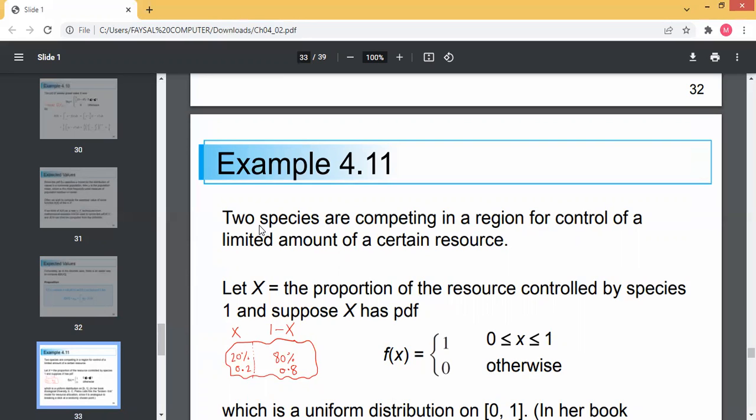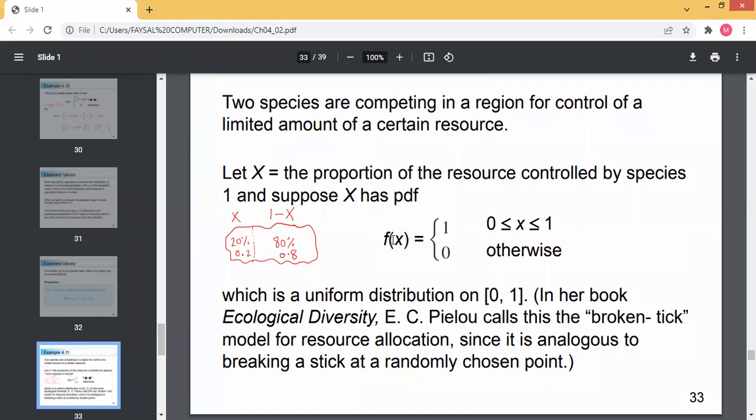Let X be the proportion of resources controlled by species 1, and suppose X has a PDF with function value equal to 1 when X is between 0 and 1, and 0 otherwise, which is a uniform distribution on 0 to 1. Then I have to find the values with respect to this one.